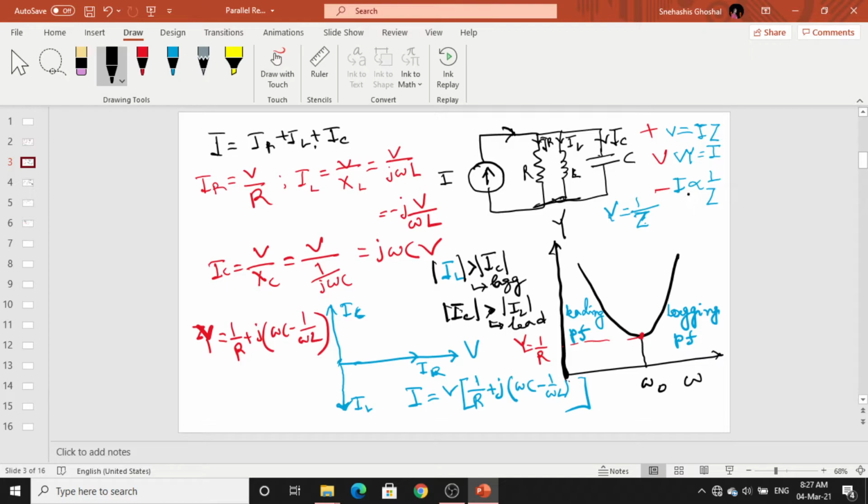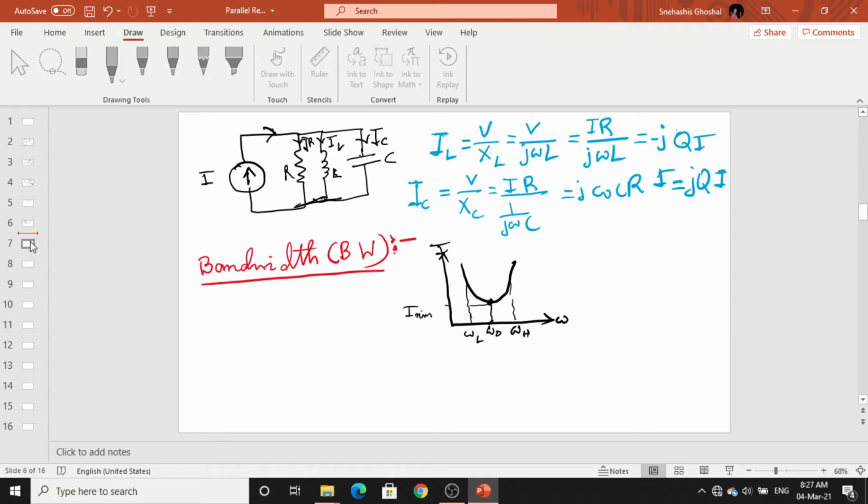I said that I is proportional to Y, so the curve of Y will be similar to that of I. So Y versus omega will be similar to I versus omega. That's why this is valid. So this is the minimum current point, and let this be a point where the current is root 2 times the minimum.